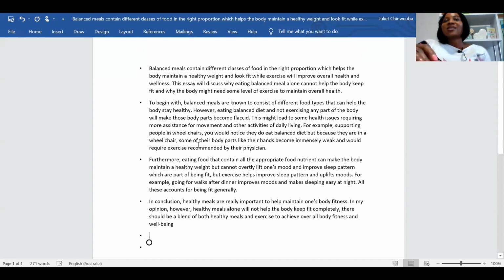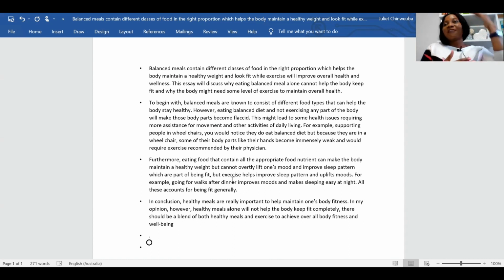You can see me using "balanced meals are known to consist of different food types." I made sure I stuck to vocabulary that is frequent with food and exercise. I didn't go outside of this topic. So I'm going to be getting 2 marks for vocabulary, 2 marks for spelling, 2 marks for form, 3 marks for content. Then look at my written discourse. I'm flowing from one point to the other.